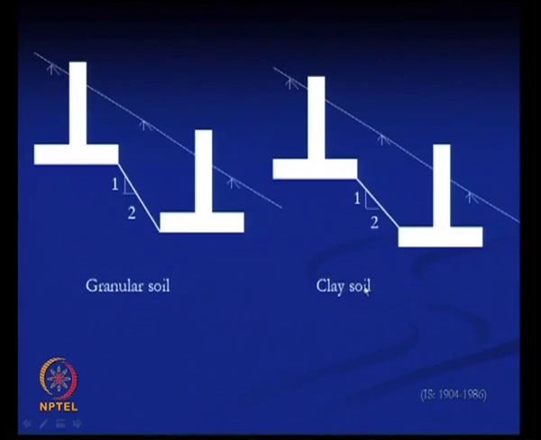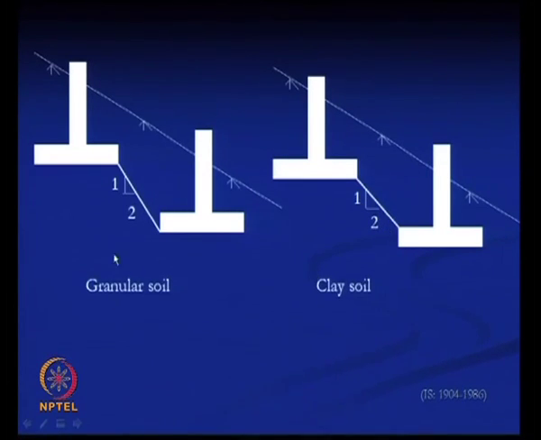Similarly, for clay soil, if I join a line from the lower edge of the upper foundation to the upper edge of the lower foundation, this line should not be steeper than 1 vertical to 2 horizontal.